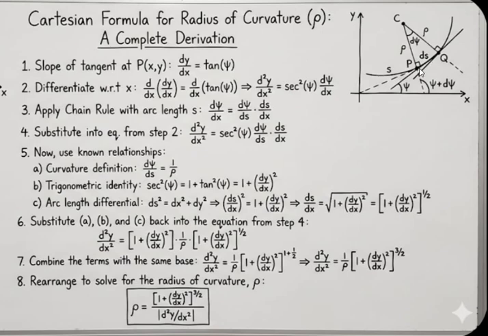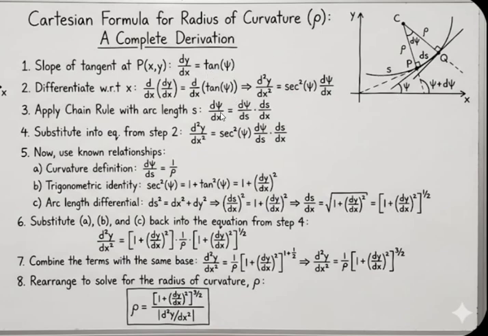For that, at that particular point we have a tangent, which makes an angle psi with the x-axis. That information I know, and y is equal to f of x is the given curve. The slope of the curve at that point is equal to the slope of the tangent at that point, which is dy by dx.